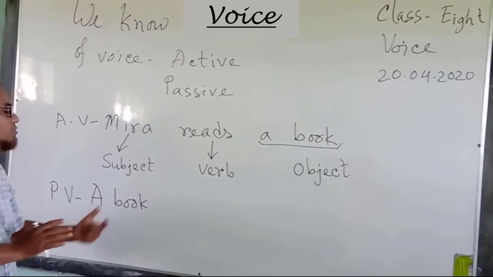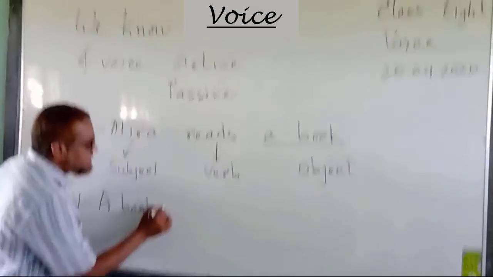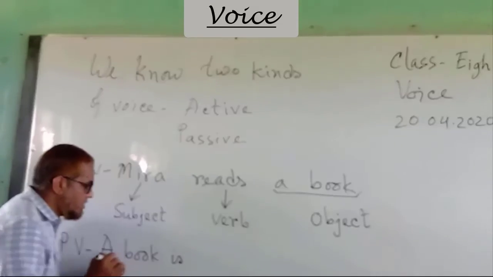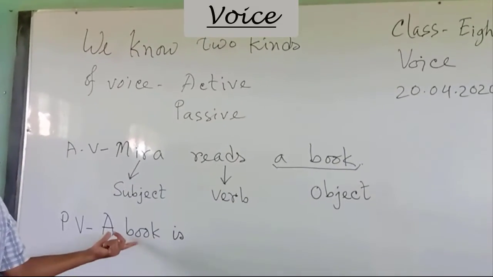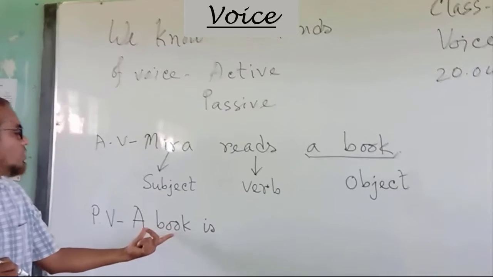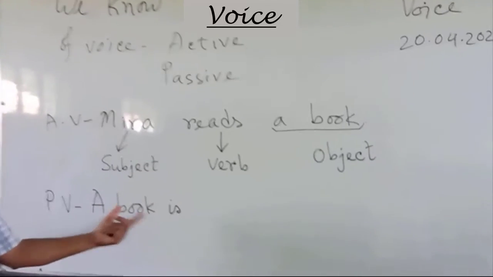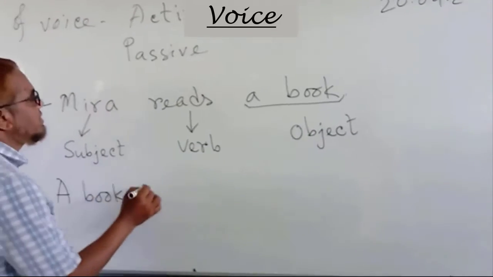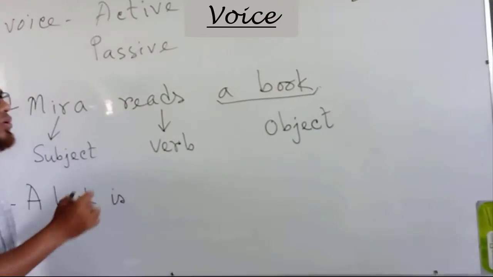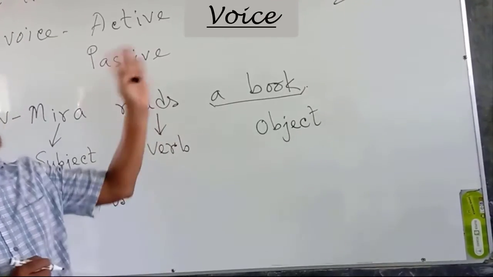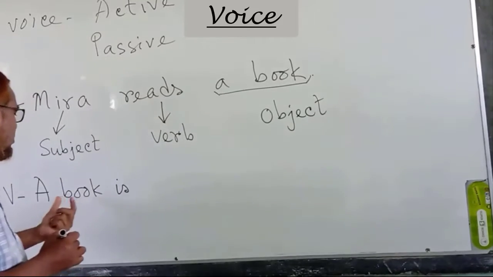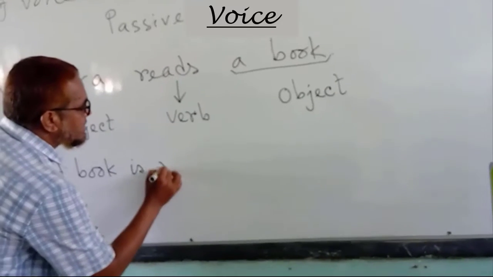So, the auxiliary verb that will come here is is. It is third person singular number, so the auxiliary verb will be is. A book is. As we know, past read, past participle read. So, a book is read.